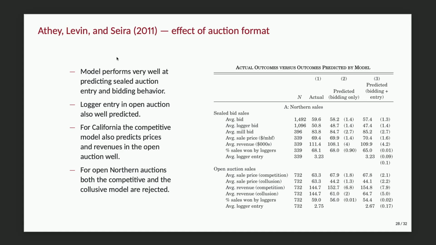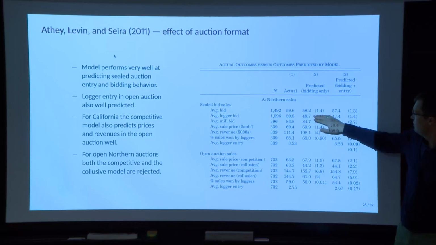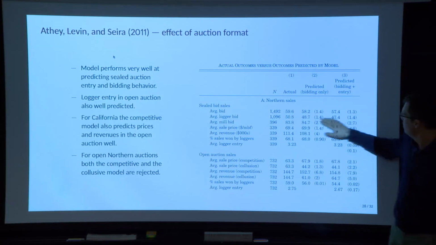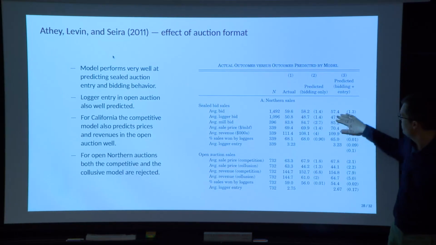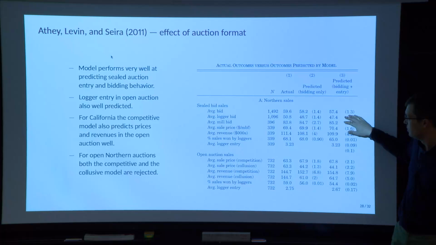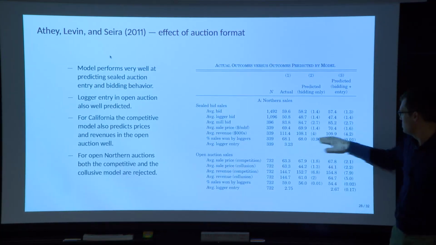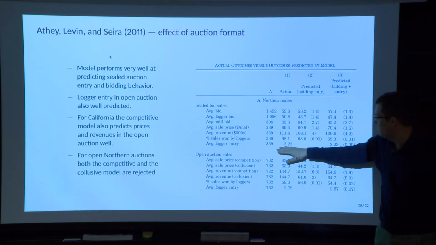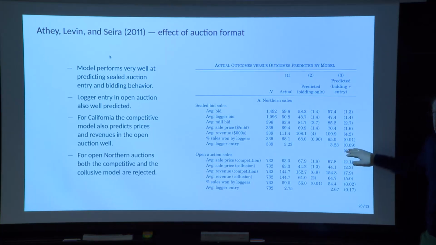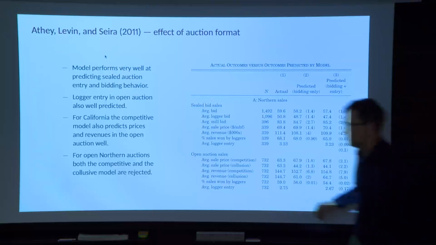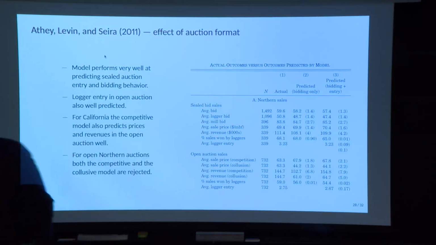But what they basically find is that the average bid is very close to what is predicted, and that's true whether or not you account for entry. Same for the average revenue, it is very close to what is predicted, and average log entry is almost exactly spot on.